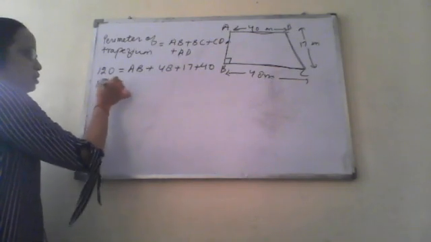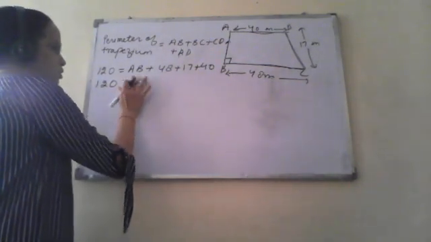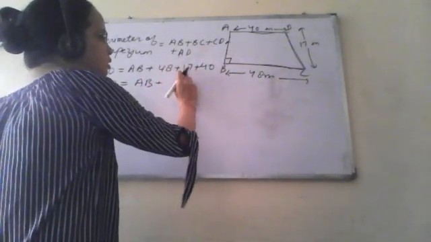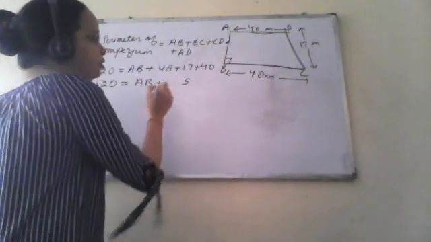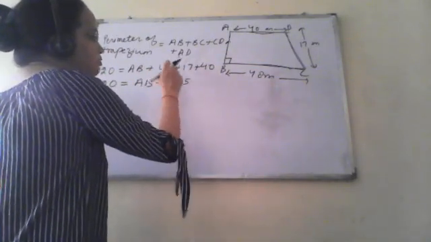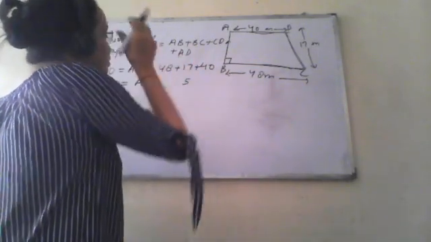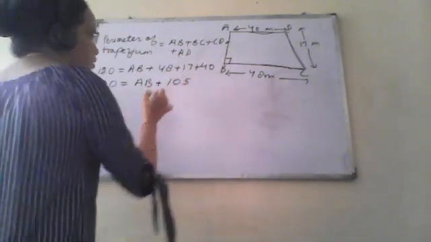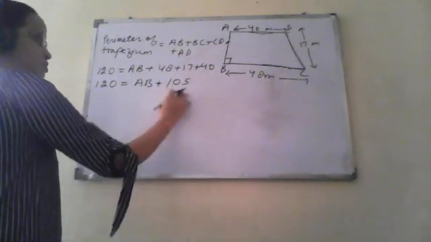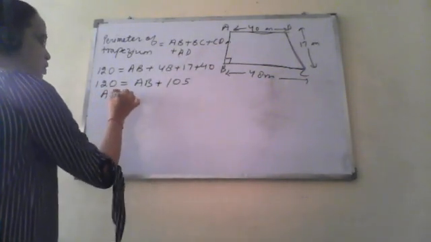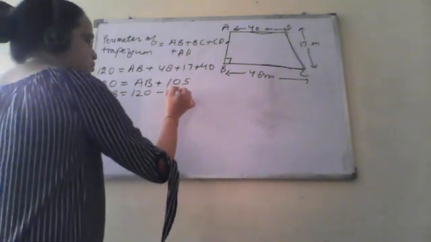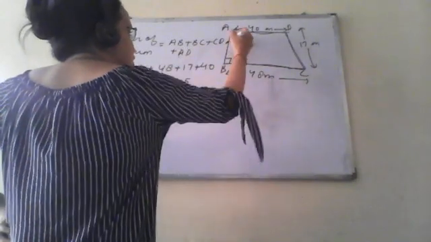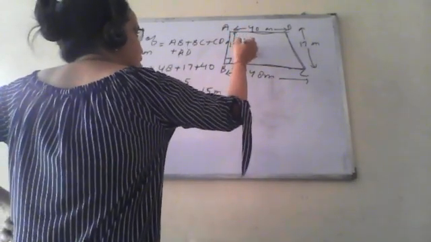So 120 equals AB plus 48 plus 17 plus 40, which is 105. So from here AB will be equal to 120 minus 105, which comes out to be 15 meters. So the value of AB is 15 meter.